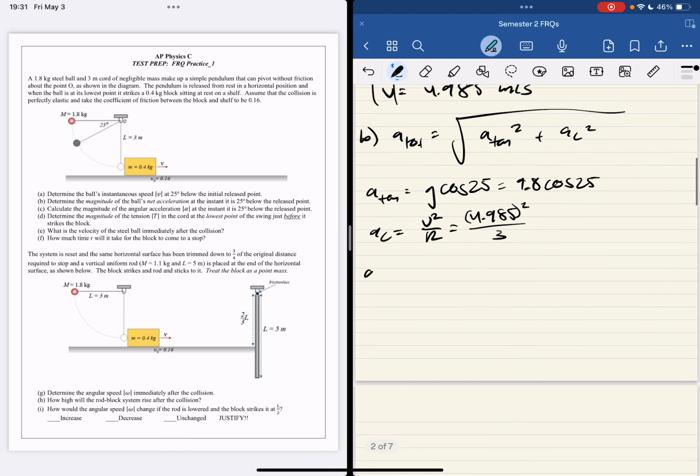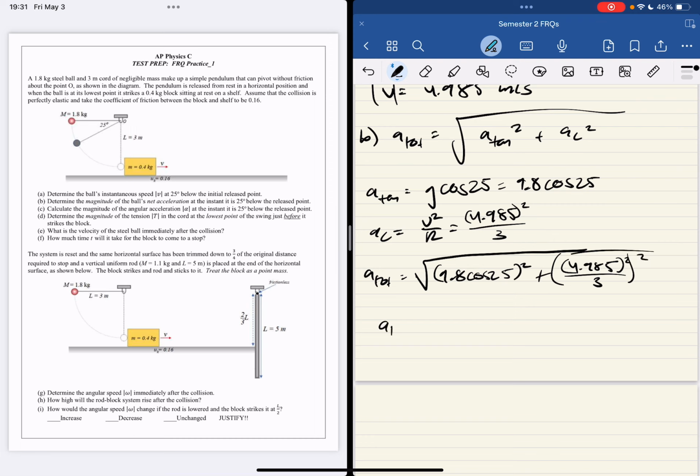Okay, now we'll solve for A total, plug everything in. So it's going to be 9.8 cosine 25 all squared plus 4.985 squared over 3, and then we're going to square the whole thing. So our A total magnitude is going to be equal to 12.145 meters per second squared.